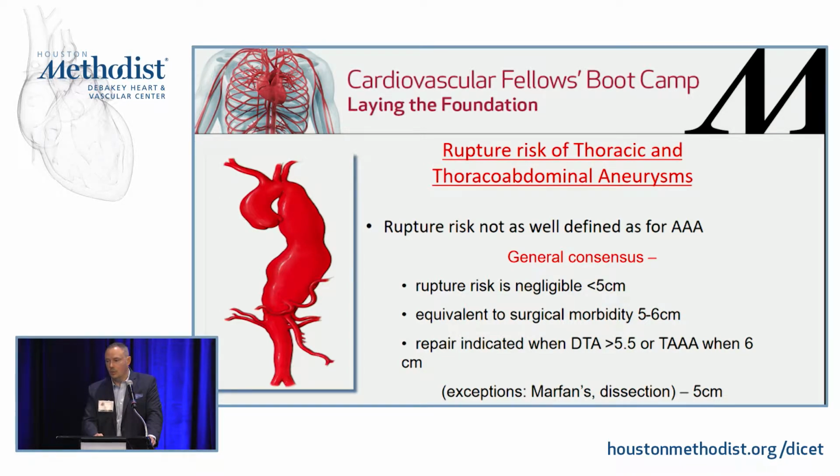Again, that all totally depends upon the patient. If you have a patient with Marfan's or dissection, your threshold for fixing those goes lower. If you have a patient that's very sick, with a lot of comorbidities, older, pulmonary disease, renal disease, your threshold for fixing that goes higher. I've had patients with 7 centimeter thoraco-abdominal aneurysms that I've watched because they're just too sick to do anything.